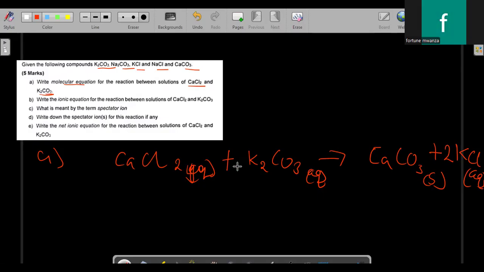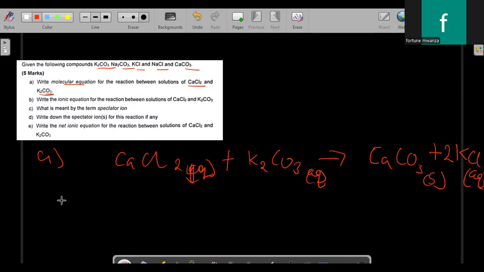Then check potassium: you have two potassium atoms in the reactants, same with the products after putting a 2. The carbon is also balanced, one carbon, and the oxygen are also balanced. So this is our molecular equation.